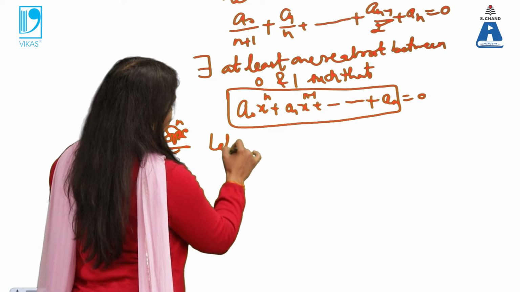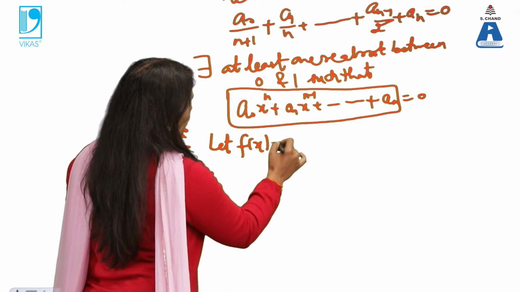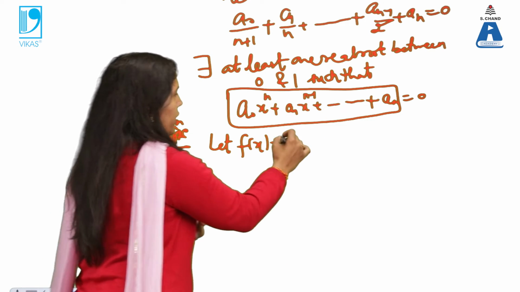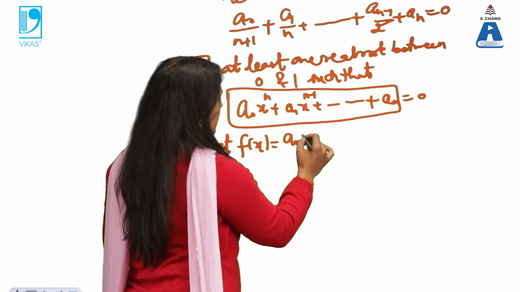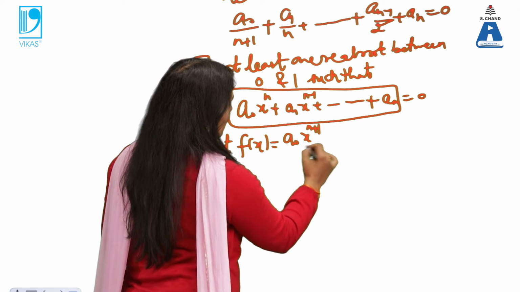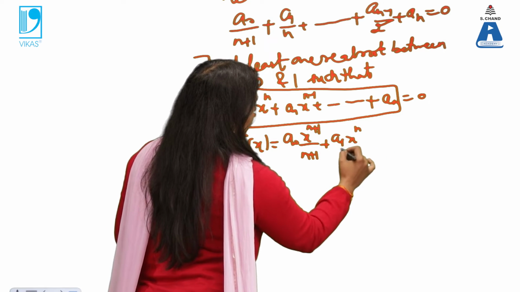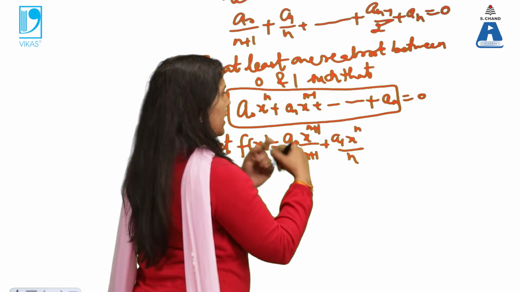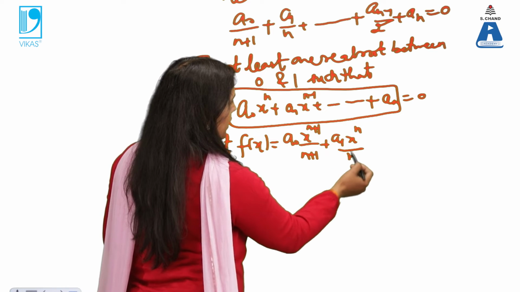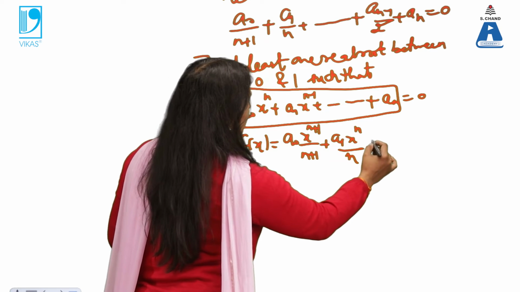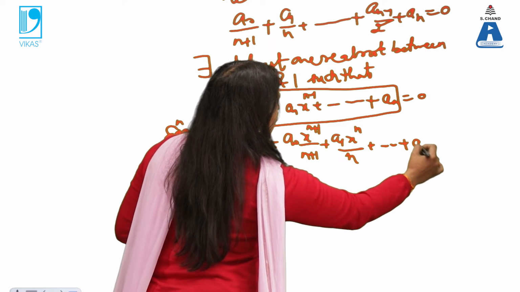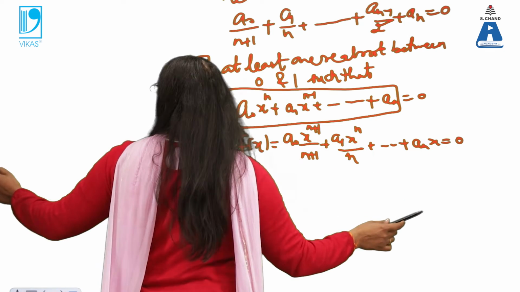So let f(x) equal the integration of this. Integration is x^(n+1)/(n+1) a0, x^n/n a1, because we add 1 to the power and write the same thing in the denominator, and so on, plus an x, equal to only the function.